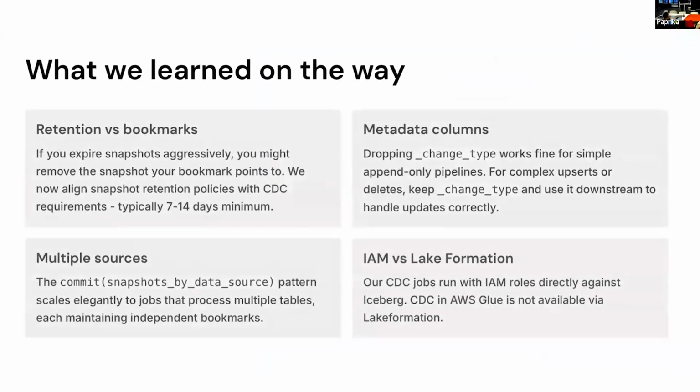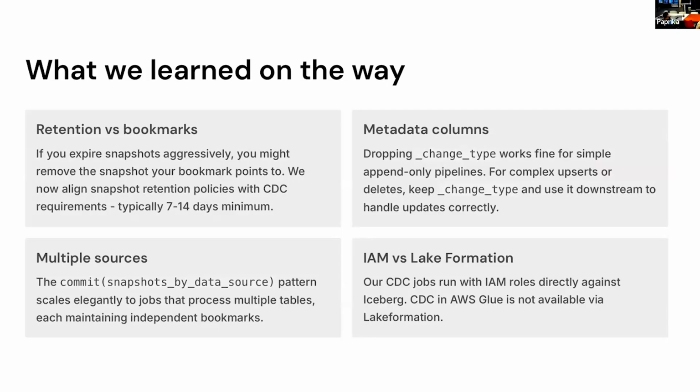So what we learned after migrating almost all of our jobs, let's say the majority, to Iceberg, and using bookmarks, is that retention time is key, because we used to expire snapshots quite aggressively. And if you want to reprocess some time back in the future and, let's say, reset or go back to an earlier bookmark, it can be tricky.